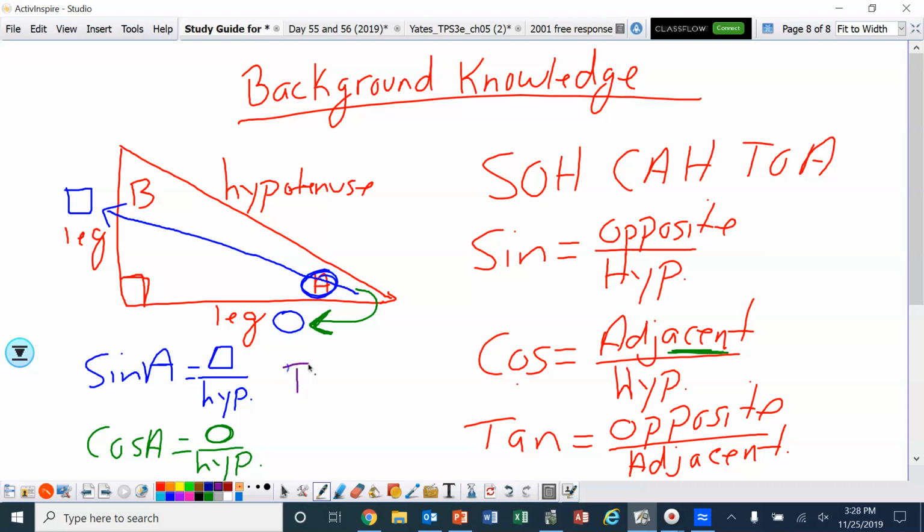And then the tangent of that angle is going to be the opposite, which again in this case is whatever that box is, and then the adjacent is whatever that circle would be. All right, and then we could do the same thing with angle B. The opposite is across, adjacent is the next to.